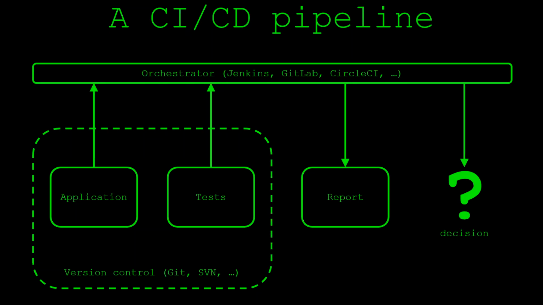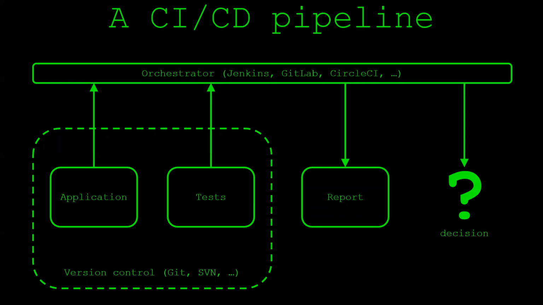And ultimately, and this depends a little on how far along you are in the evolution towards continuous deployment, the orchestrator is going to make decisions about whether or not it moves on to the next stage of the continuous integration and continuous delivery process. And ultimately, this can be, well, just put a new version of our software into production and make it available for all of our users.